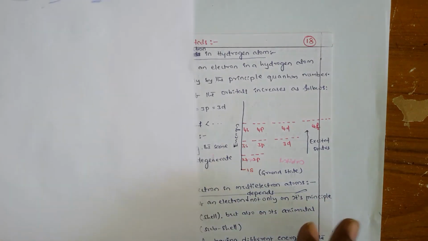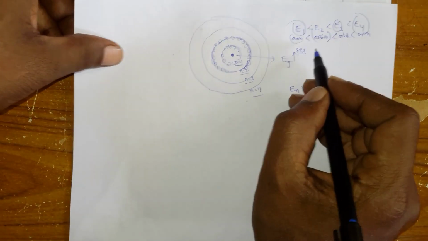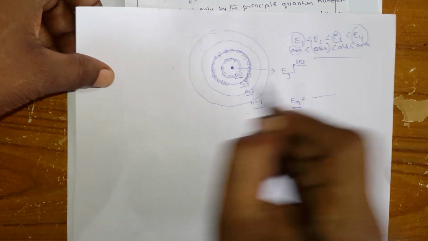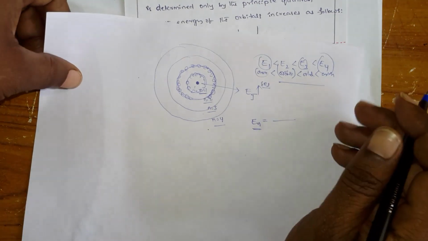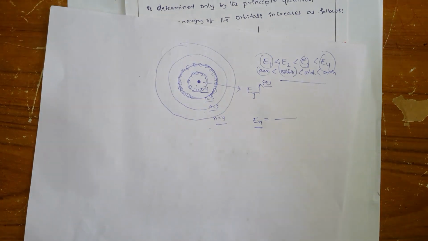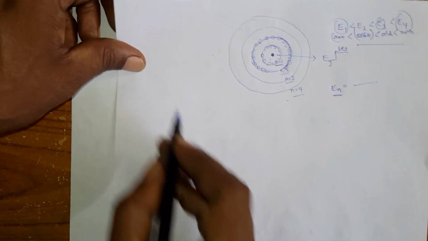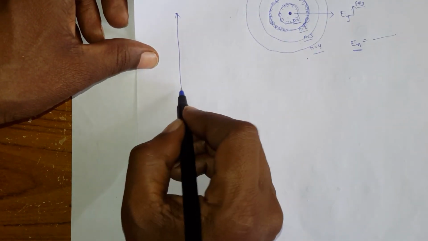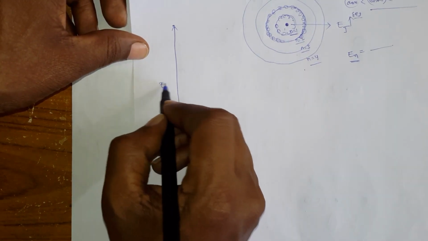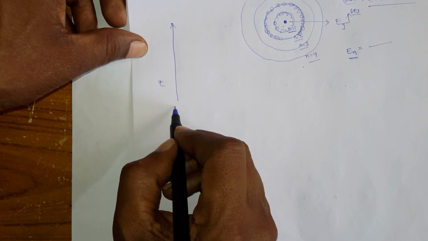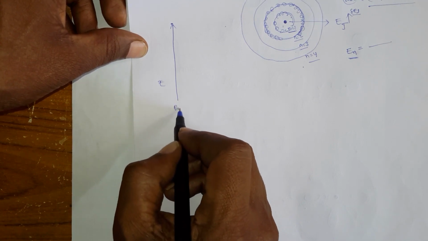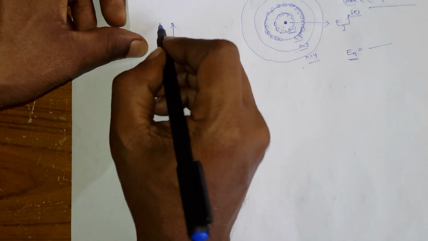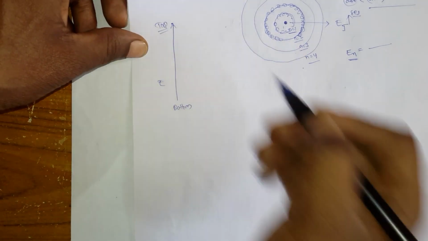So with increasing shell number, the energy of that shell or orbital increases. If I draw an energy diagram, the energy increases from bottom to top.